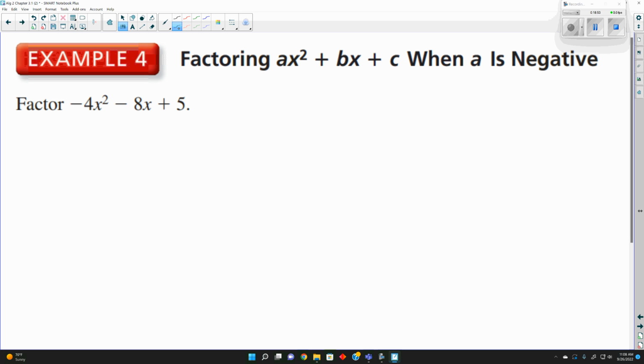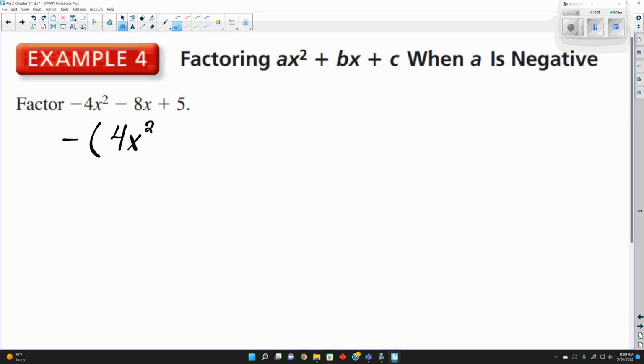Now, our first main step doesn't change. Is there a greatest common factor between these three terms? No. But what we can do is factor the negative out. So whenever that first term is negative, we'll go on and factor that negative out. And if there is a greatest common factor, we'll factor it out too. So here, if I factor a negative out of negative 4x squared, it's just 4x squared.